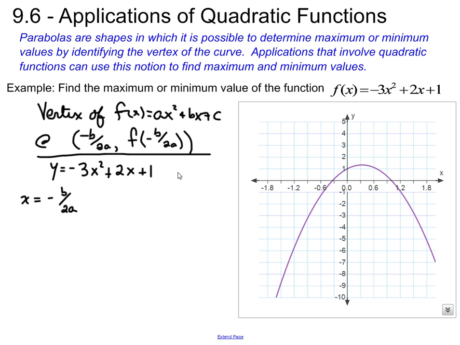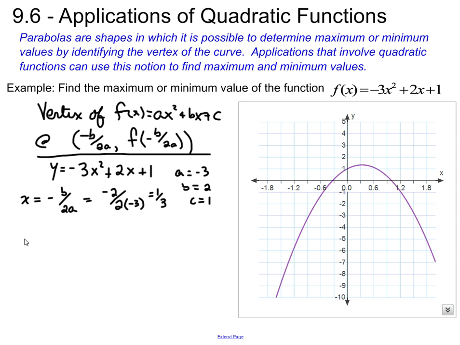And in this case, a appears to be negative 3, b appears to be 2, and c is going to be 1. So making the substitution into this equation gives us the negative of 2 divided by 2 times negative 3. And of course, that's going to turn into positive 1/3.